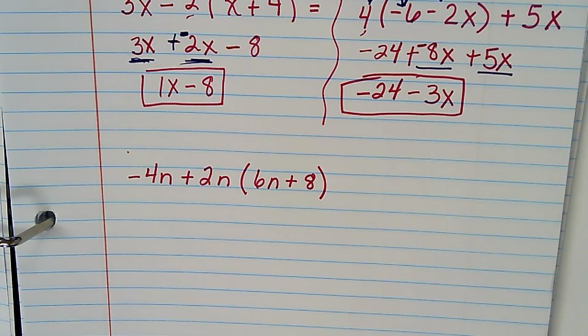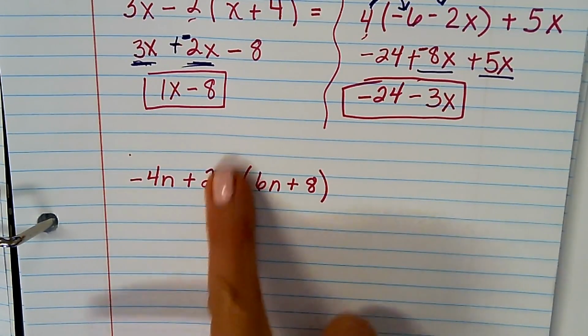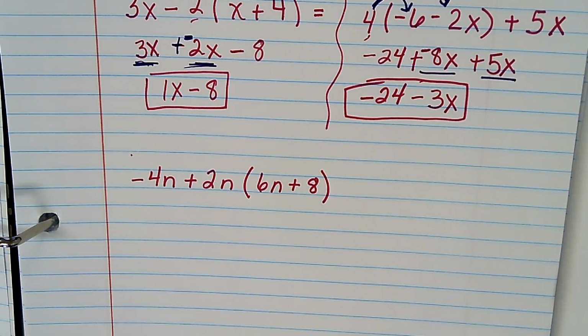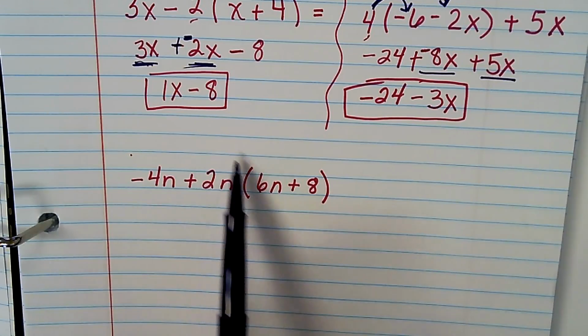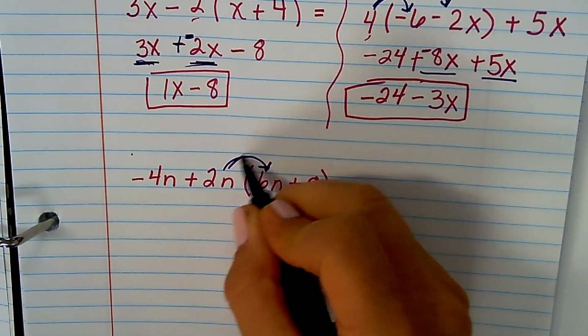I see some addition here in front, and I also see some distribution. Who says that I should do the distribution first? Raise your hand. What about anybody that says I should do the addition first? I don't see any hands up, so that's good. Because remember, order of operations, we have to do any multiplication before we do addition. I see a lot of students want to add these together first. You can't. If there's any distribution, any multiplication, that has to come first.